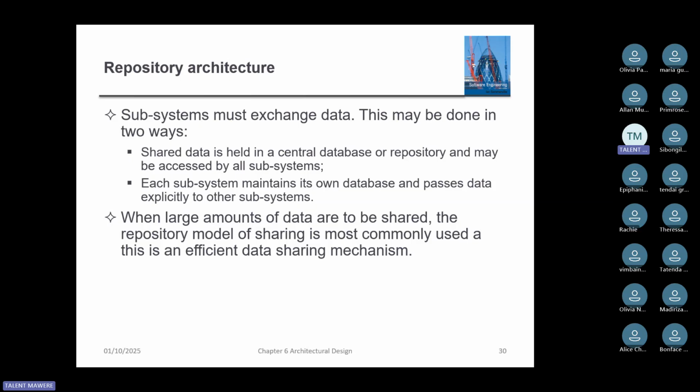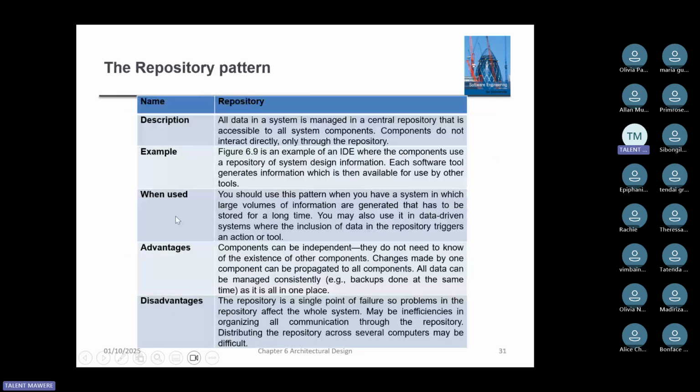But when large amounts of data are to be shared, the repository model of sharing is most commonly used because it is efficient for data sharing, rather than a system where a subsystem maintains its own data. So it's called the repository architecture in that the data is being stored in a single repository.